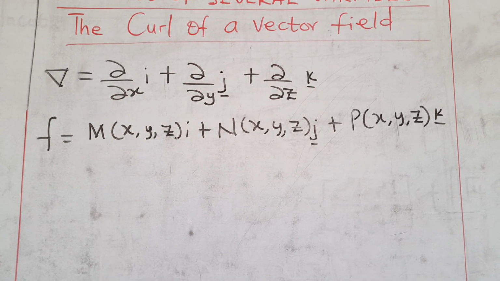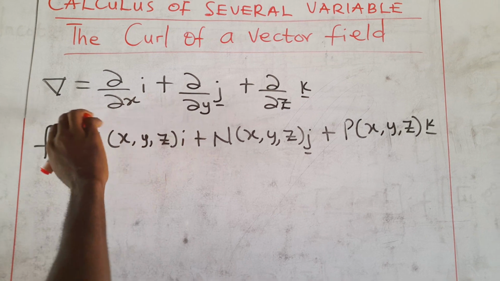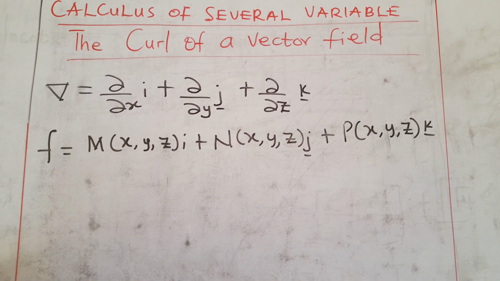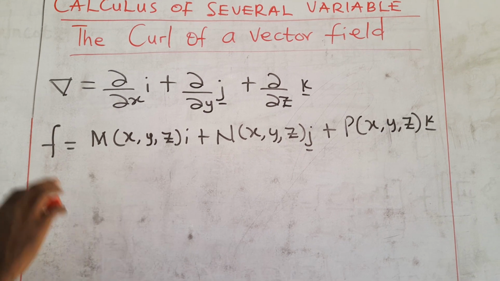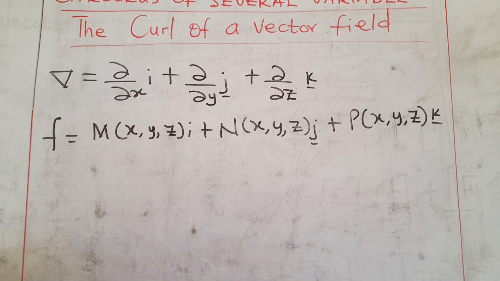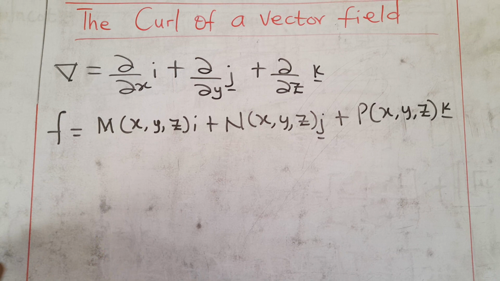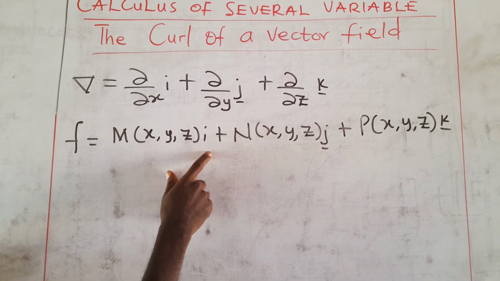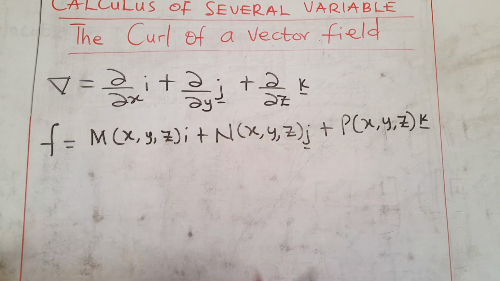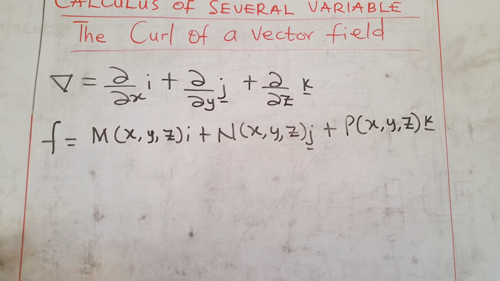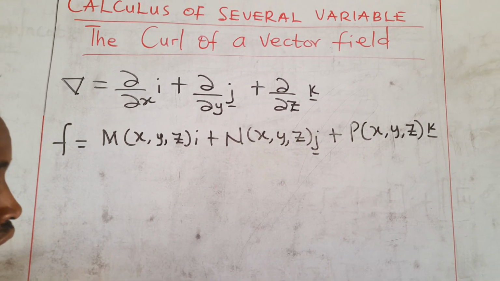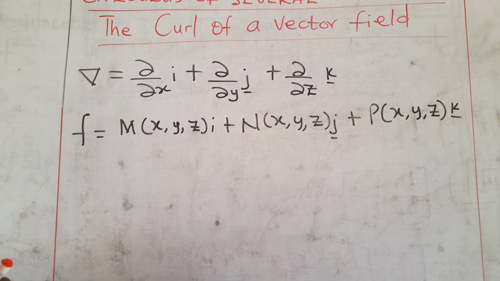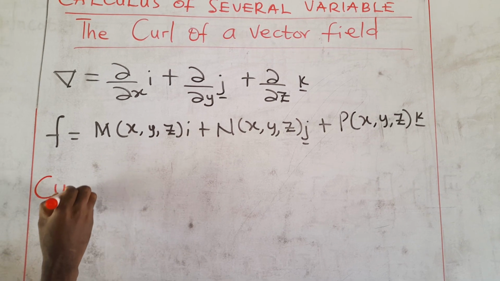So, if we have a differential operator which is equal to del over del x i plus del over del y j plus del over del z k, and a vector field f which is equal to m dependent on x, y, and z in the i direction plus n dependent on x, y, and z in the j direction, plus p dependent on x, y, and z in the k direction, and we are asked to find the curl of f.